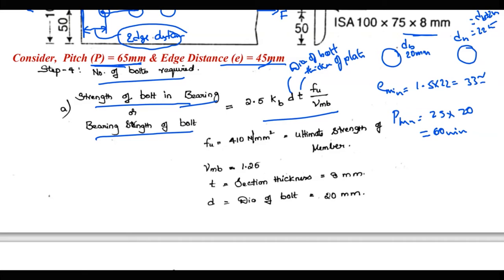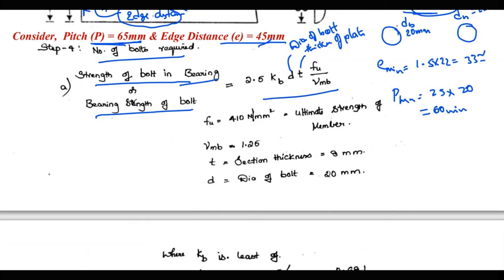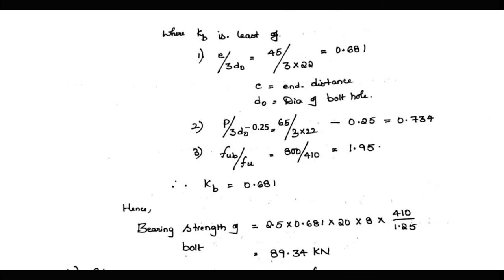The thickness of the plate as you chose here is 8 mm, and the diameter of the bolt is 20 mm. Of course, the diameter of the hole is 22. Let us calculate Kb. Kb is given by these expressions here. Kb is the least of e by 3d0, or p by 3d0 minus 0.25, or fub by fu, or 1. The least of these values is taken as the Kb value.